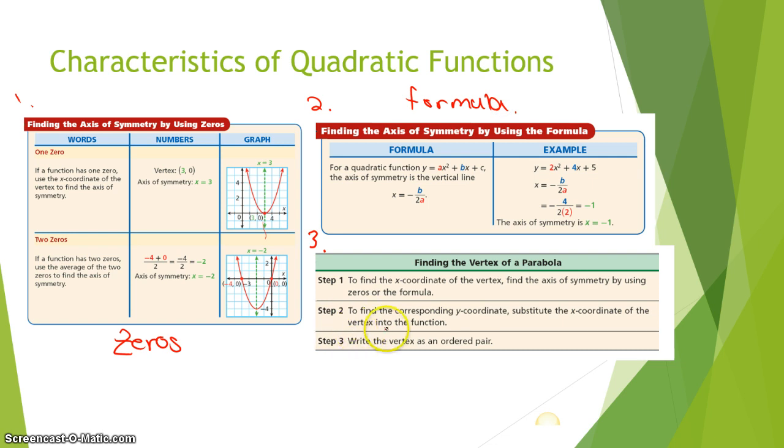Step 2, we then find the corresponding y-coordinate. We're going to substitute the x-coordinate of the vertex into the function, and then we're going to write the vertex as an ordered pair. So all of these things we just looked at in the charts, we're going to do some examples relating to this.